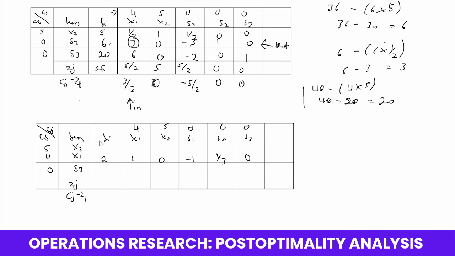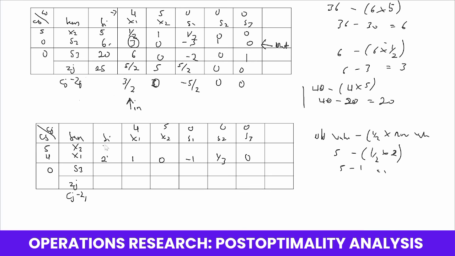Now we go ahead and calculate the values of the remaining rows. Like I said earlier, it's the old value minus the corresponding value in the pivot column times the new value. For this row, it is 1 on 2 times the new value here. So let's do it for the first BI, 5. The old value is 5 minus 1 on 2, and what's the new value here? We have the new value here to be 2. So 5 minus 1, that will give us 4.